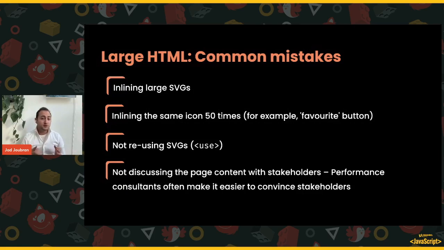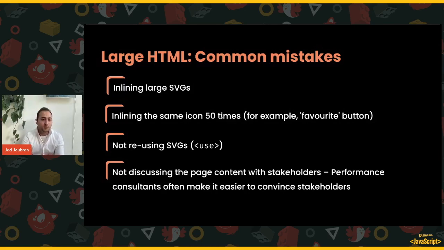And sometimes it's really beyond your control. You really have to discuss with stakeholders and tell them, hey, this 2 kilometer long landing page doesn't make sense because of performance. And I understand that sometimes that's tricky.